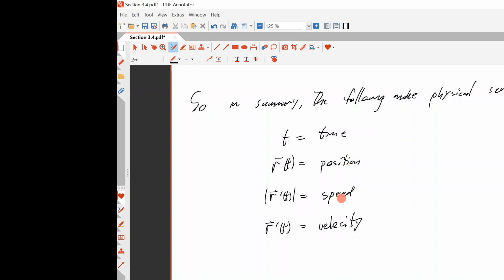The length of r prime of t is speed. And therefore, the vector quantity, which has magnitude, which is speed, and a direction, which is tangent to the curve, must be velocity. And r double prime of t, acceleration. This last one needs a little bit more explanation, but we'll leave that out.